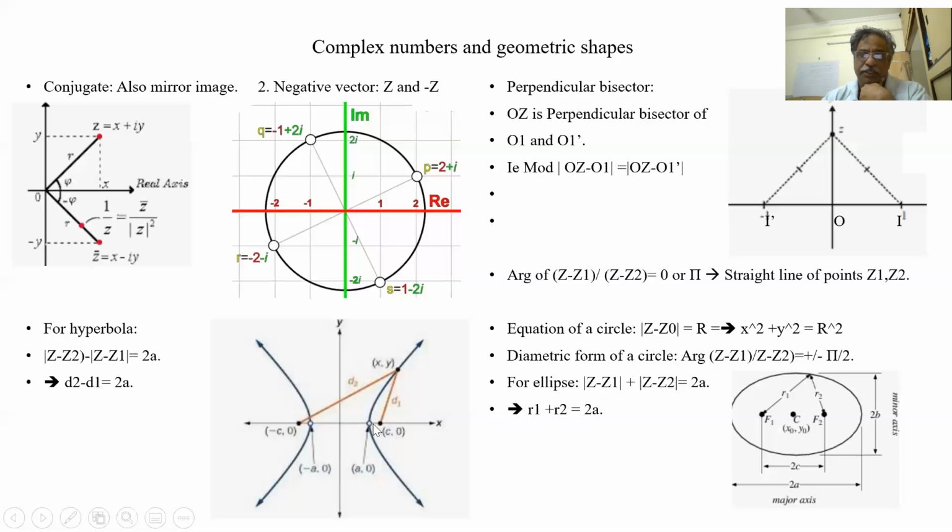So this point is c minus a, and this point is c plus a. So c minus a plus c plus a is 2a. Like that, d2 minus d1 is always 2a. This is a hyperbola. We will define hyperbola points with respect to these two, so we can find out z, x, y with these two, the locus.